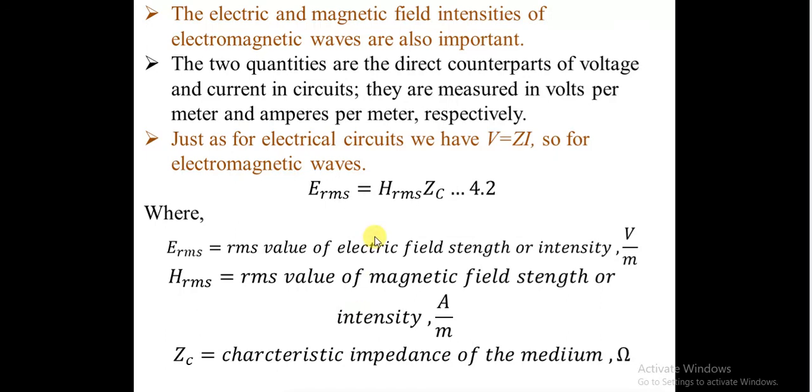Here we define electric field intensity as the product of the RMS value of magnetic field strength multiplied by the characteristic impedance of that medium. The unit for electric field intensity is volts per meter, magnetic field strength or intensity is amperes per meter, and Z is in ohms.